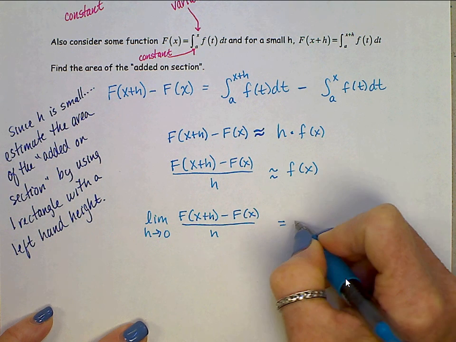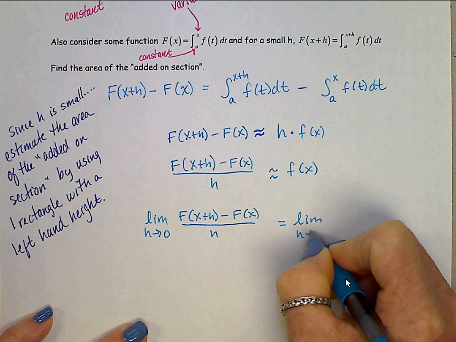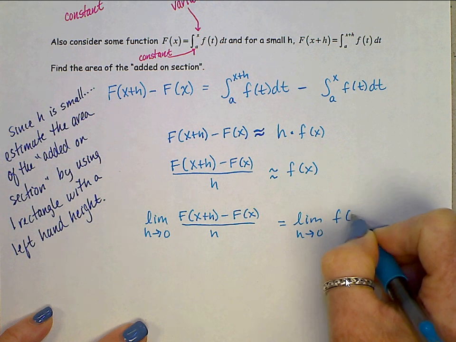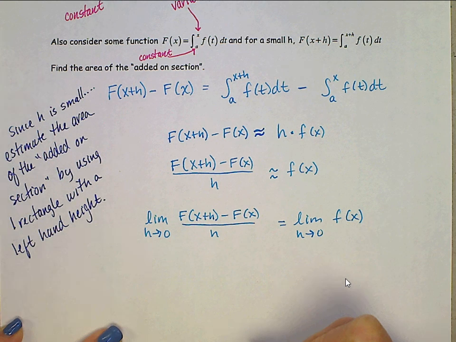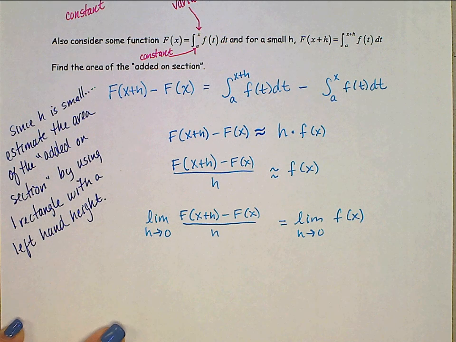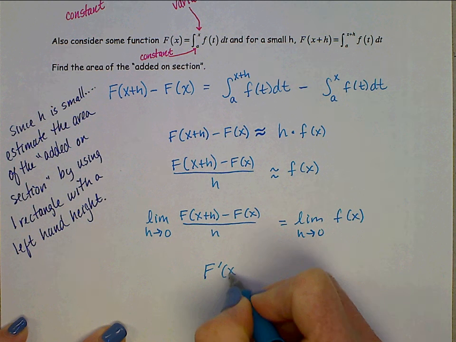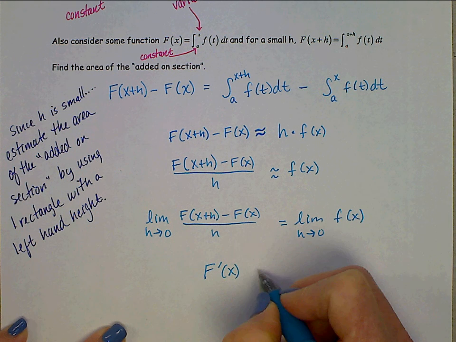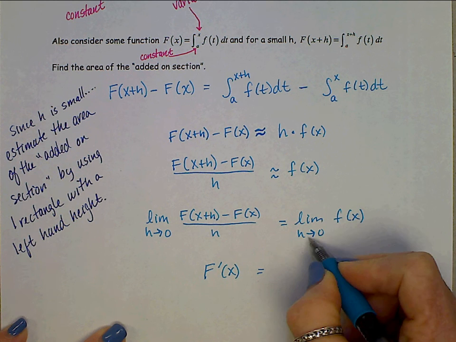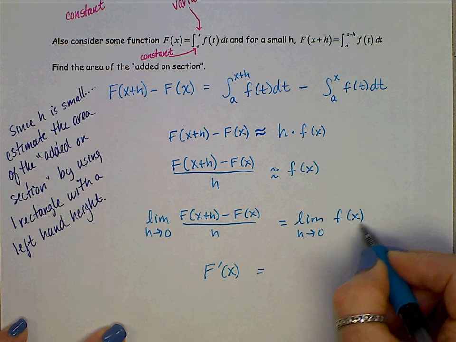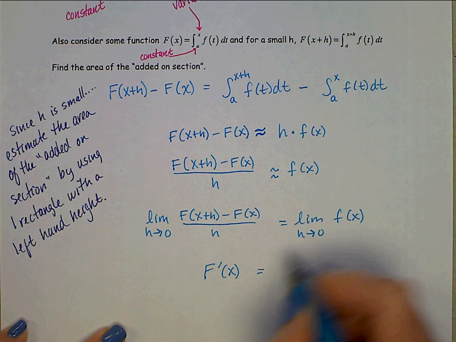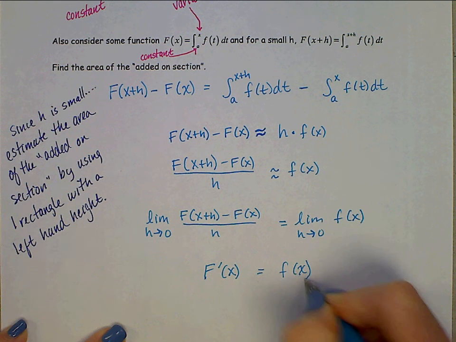Well, that's now equal to the limit as h approaches 0 of f of x. On the left-hand side, you should recognize this as big F prime of x. On the right-hand side, the limit as h approaches 0 of f of x, which has no h's in it, is purely f of x.